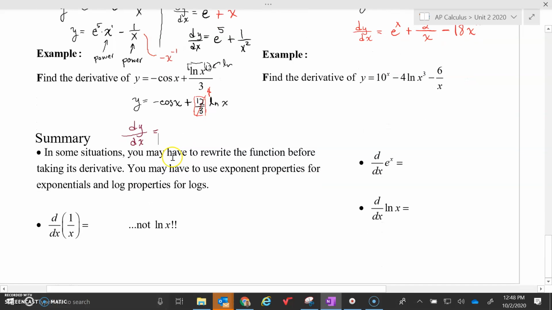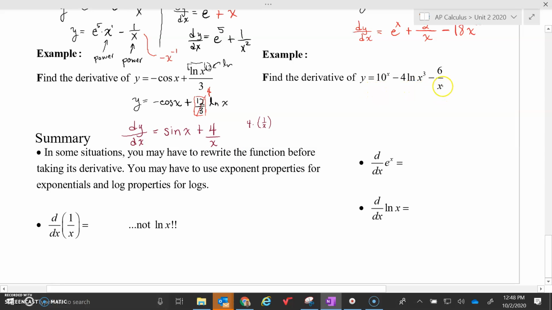Well, the derivative of cosine from a previous lesson is negative sine, so the derivative of negative cosine is actually positive sine x. Plus, that says 4, but we're doing the derivative of natural log. The derivative of natural log is 1 over x, and 4 times 1 over x is just 4 over x. So that's your derivative.